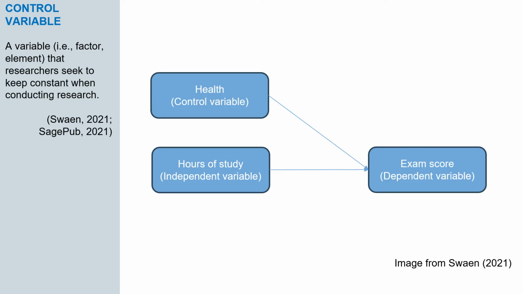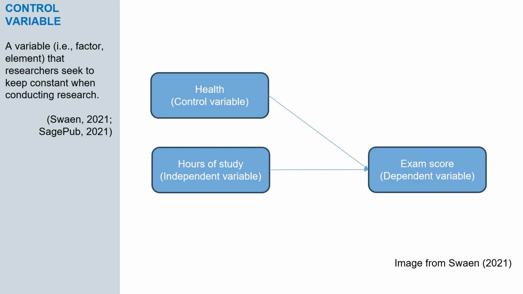So a relatively healthier examinee is expected to perform better than an examinee who is perhaps sick on the day of the exam. It affects the exam score. And so therefore, you wouldn't want this variable to muddle the results of your study. Okay, you wouldn't want it to provide unnecessary noise to your study. So what you do is you control the variable health.